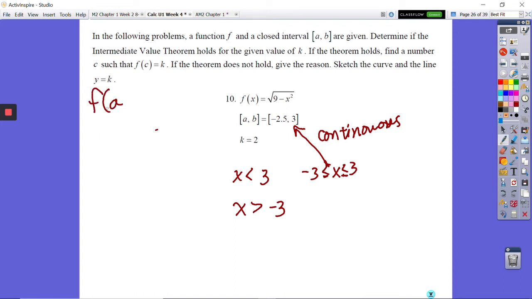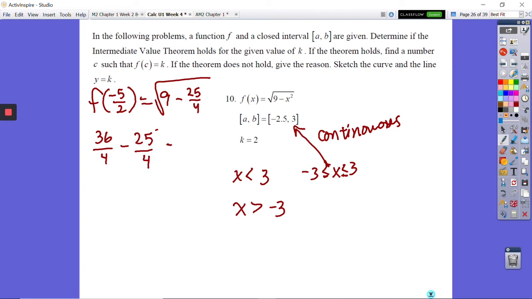So A is -2.5 or -5/2. It might be easier to use, it is for me. And so that's going to give me 9 minus 25/4. Easier to square that, which is then 36/4 minus 25/4, which is 11/4.